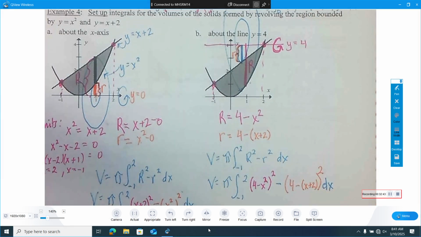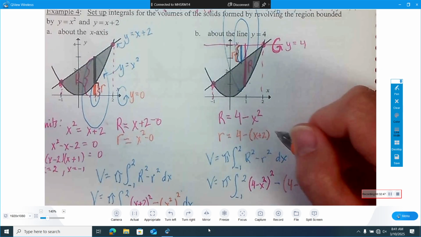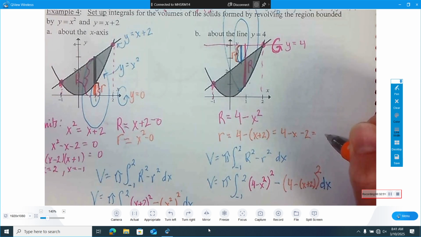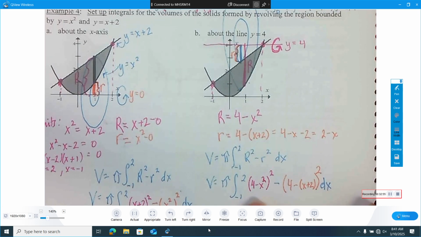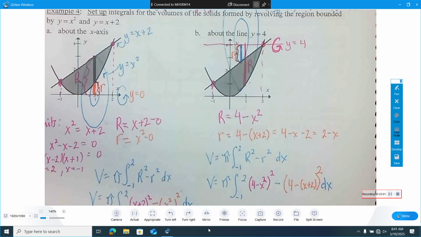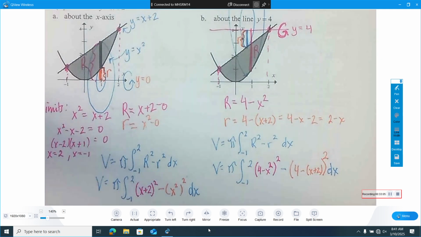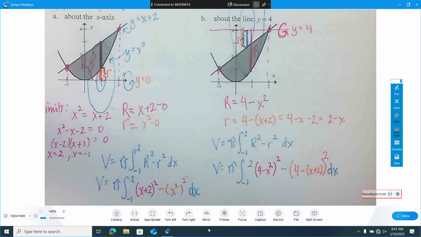If they did ask you to integrate, I would absolutely distribute my negative here, 4 minus x minus 2, clean it up. We'd get 2 minus x. We would have to FOIL that out, combine like terms. I would absolutely do it that way, but that is definitely one you could see on the AP test, having to actually find the volume of.